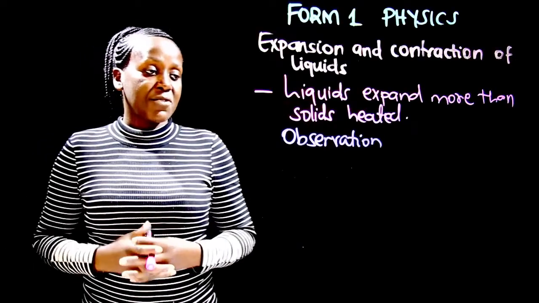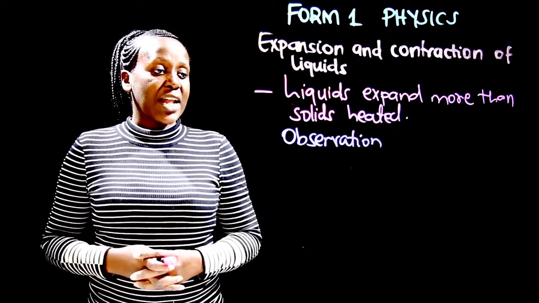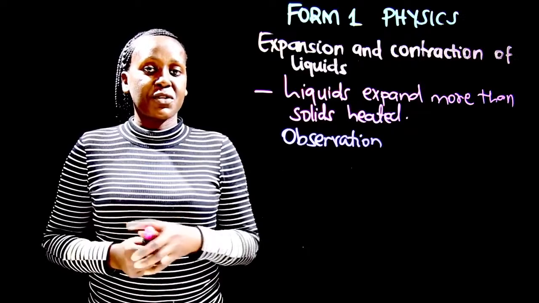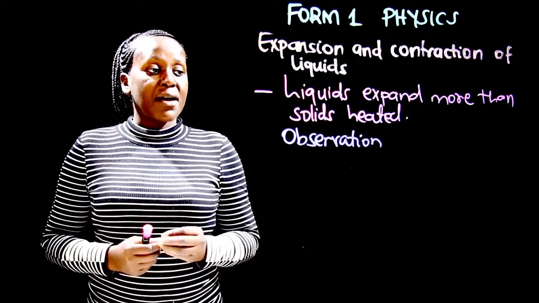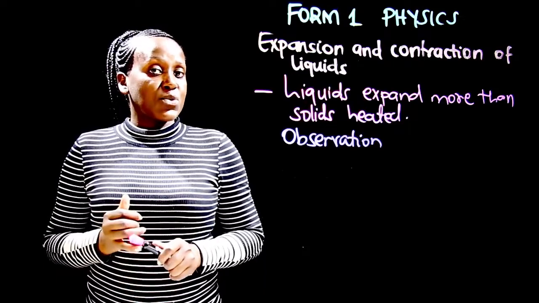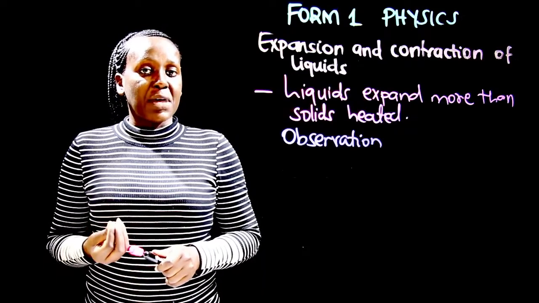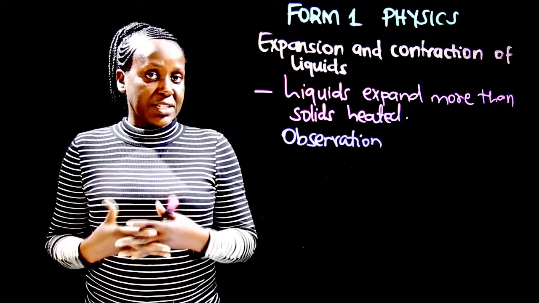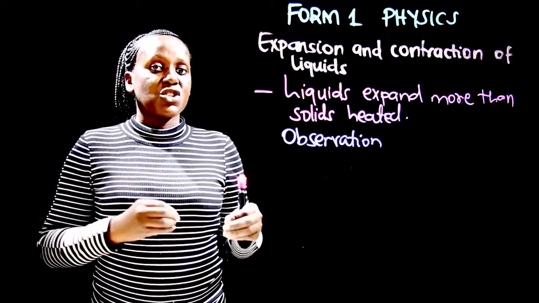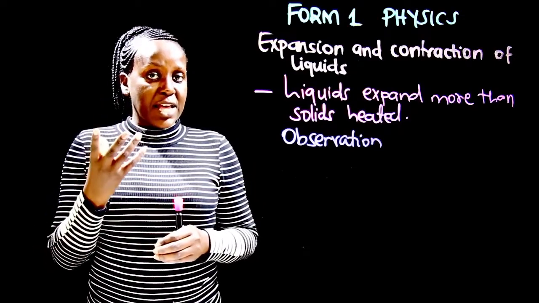Now, after watching the video, you have realized that the level of water in the tube behaves in two different ways. Remember, as you state an observation, you talk about what you can see, what you can smell, or what you can taste. So in this case, we are going to state the observation that we have seen in terms of sight.